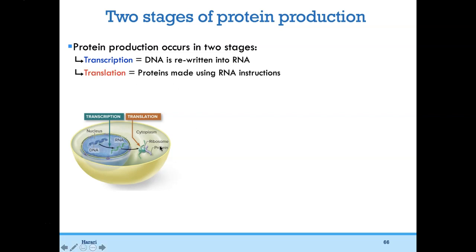We then have translation. Translation is when proteins are made on ribosomes using the instructions from RNA. So the central dogma explains how transcription rewrites DNA into RNA, and then ribosomes use the information in the RNA and translate it into proteins.